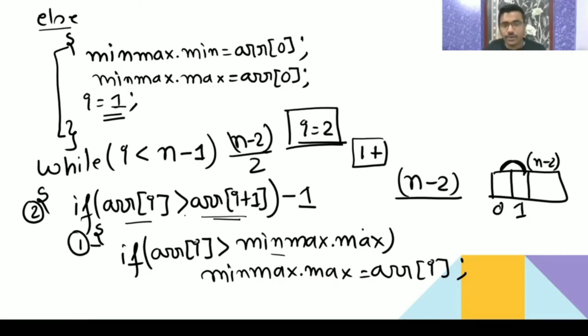Yes. So now you know that in every while loop iteration you have three comparisons. So it is going to be 3 into n minus 2 by 2 plus 1. That is the total number of comparisons you are going to get. Understood now? Because every time you enter this while loop, we are doing three comparisons: one comparison here, then in the body, if the if part is true then 2, and the else part is again 2.